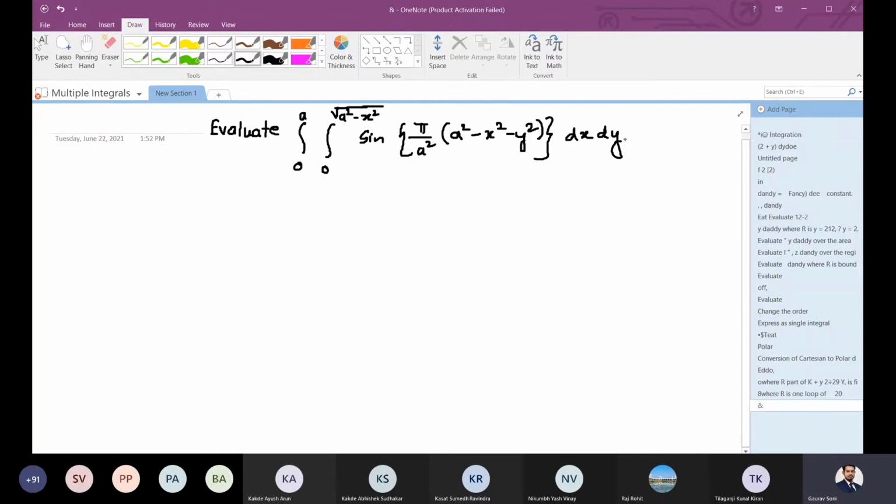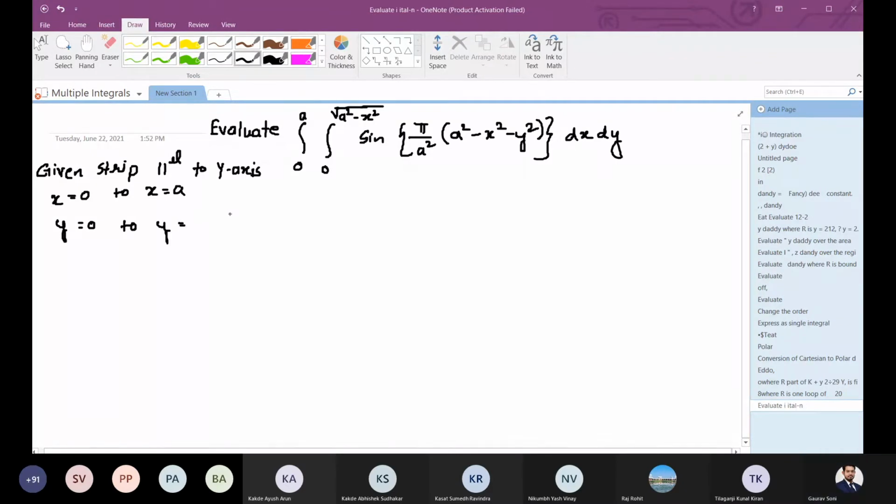We can see that a circle is involved in this case as you combine the limits. The conclusion that I draw is that in the first integral x is fixed, so the strip is parallel to the y axis. x is running from 0 to x equal to a, y is running from 0 to y equal to under root a square minus x square.